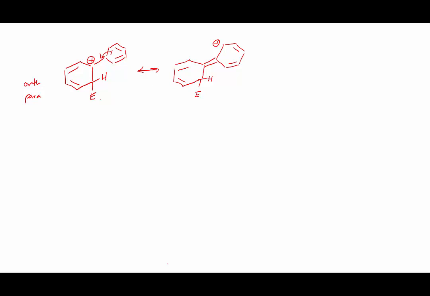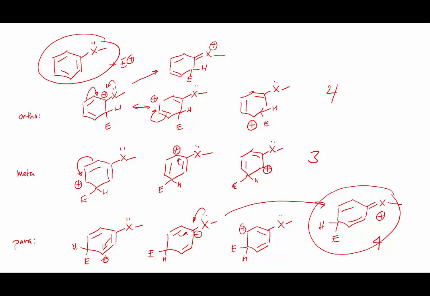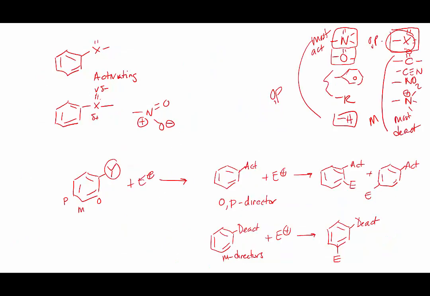So H is the baseline. This is benzene. Everything above benzene is activating. Everything below benzene, over here in the other column, is deactivating. And then X: halogens are deactivating, but they're ortho-para directors.